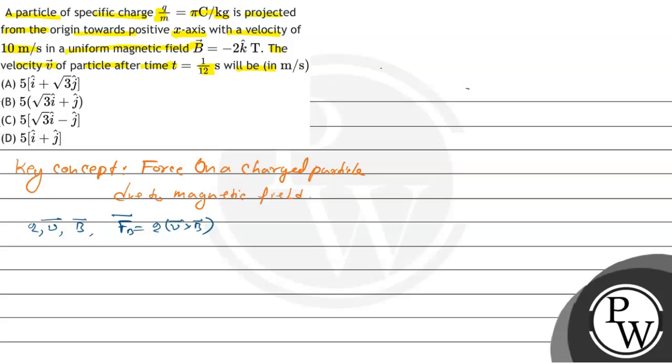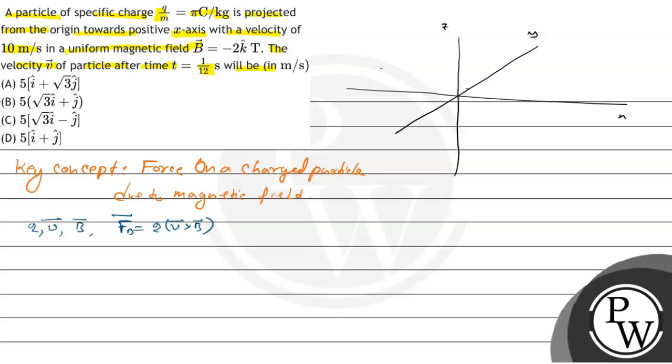Right? Now, according to the question, a particle is projected from origin to positive x-axis. Right? So let's draw the coordinate axis like this. So this is our x direction, this is y, and this is z.